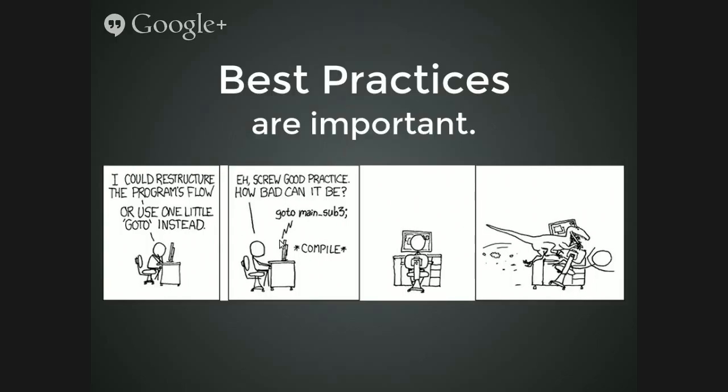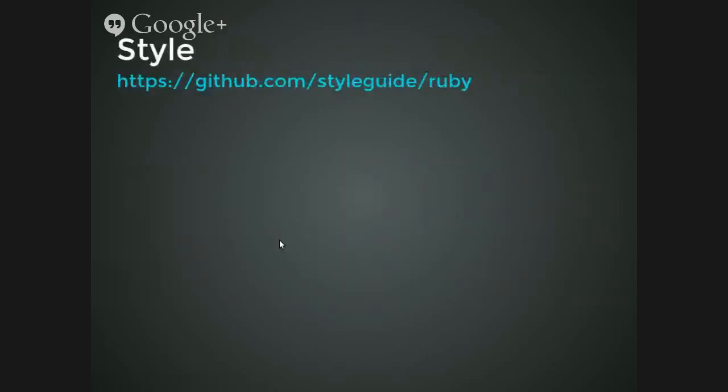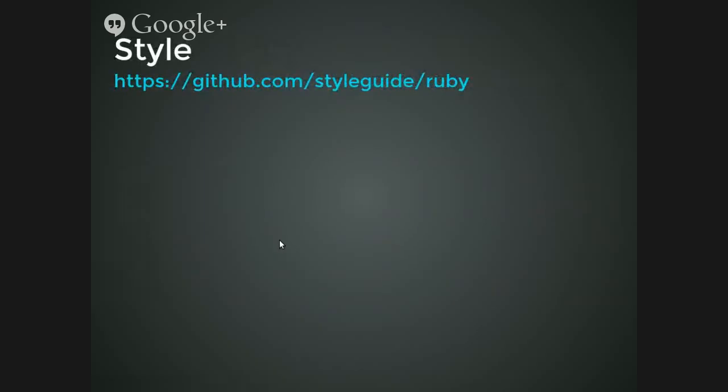For example, if you and your partner are working on a Java project and your partner writes all of his code on one huge line, it's going to take you a long time to parse and really think about. In a similar way, the reason we have these practices is not so we can say, no, this is bad and this is good. It's really to help you guys. Okay? Cool.